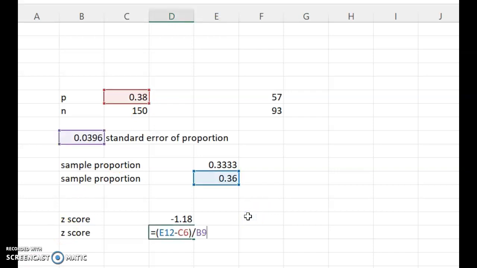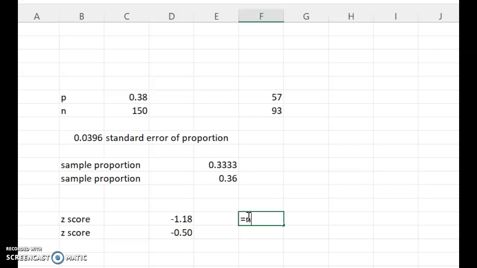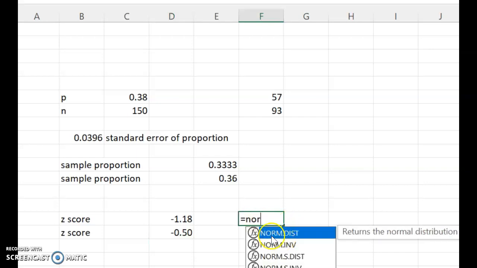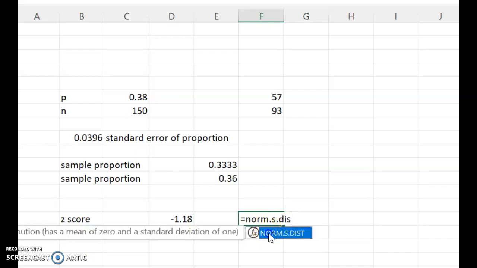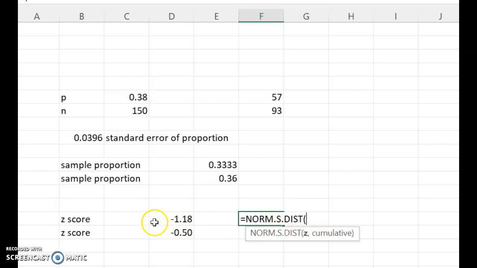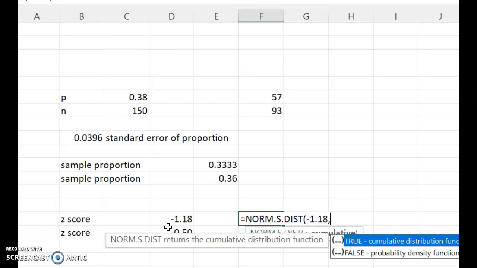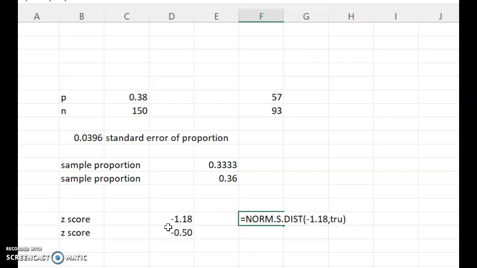And then we want to do the NORM.S.DIST. Okay, and the z is negative 1.18, and we want it to be cumulative because the less than part of this we're going to subtract out.